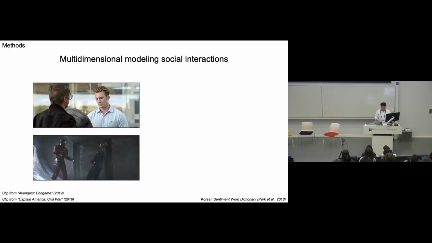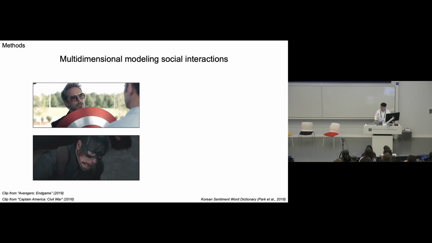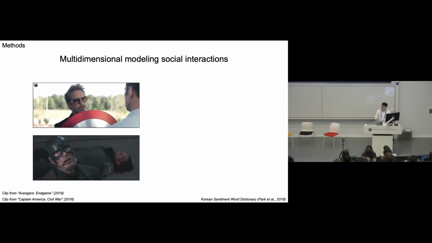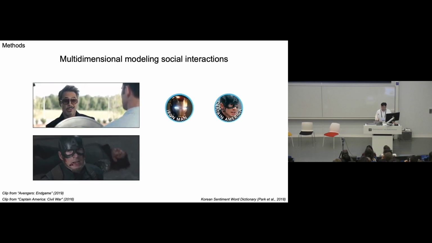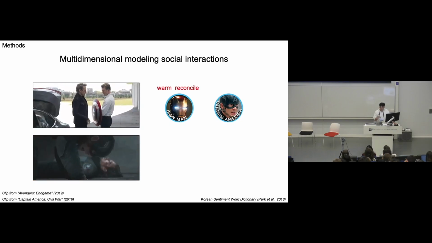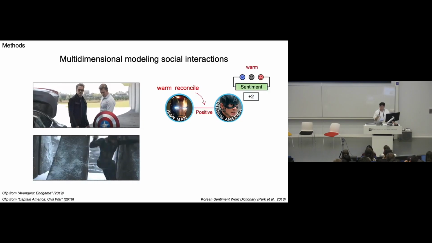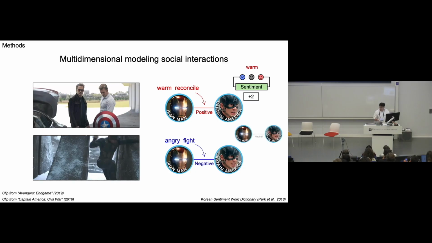To model social interactions, we extract a sentiment score from each interaction using a Korean sentiment dictionary. For example, if a character's emotions and actions were tagged as warm and reconciling, we labeled this interaction as positive. This gave us three valence graphs: positive, negative, and neutral, capturing the dynamics of relationships.